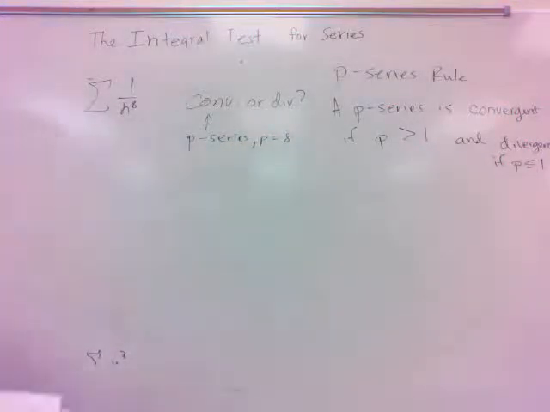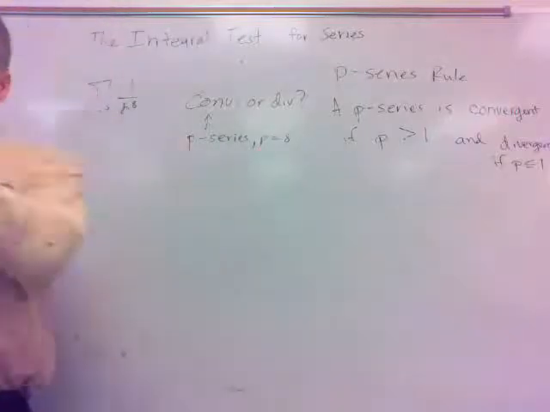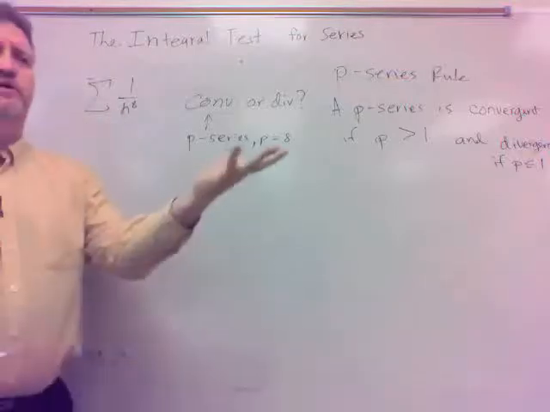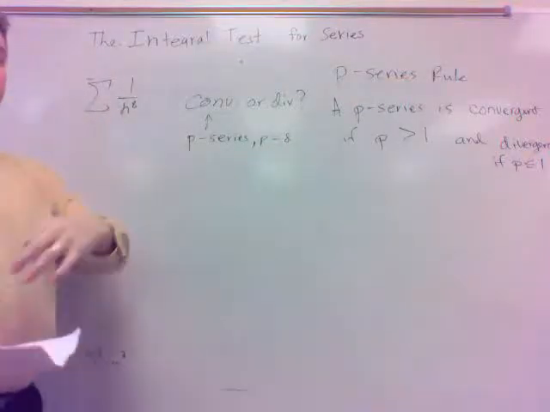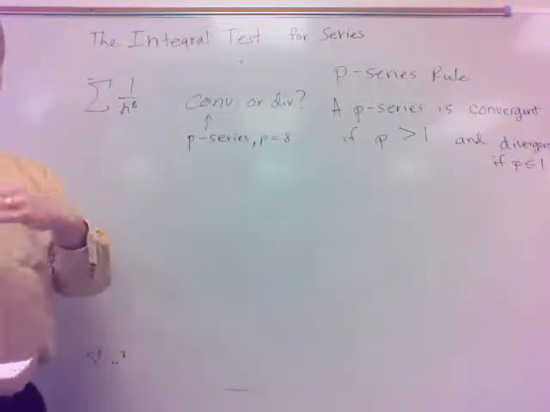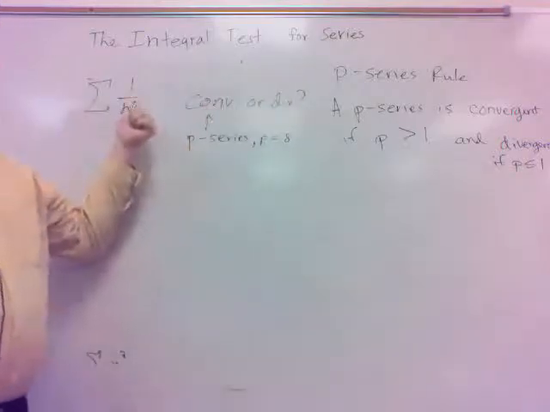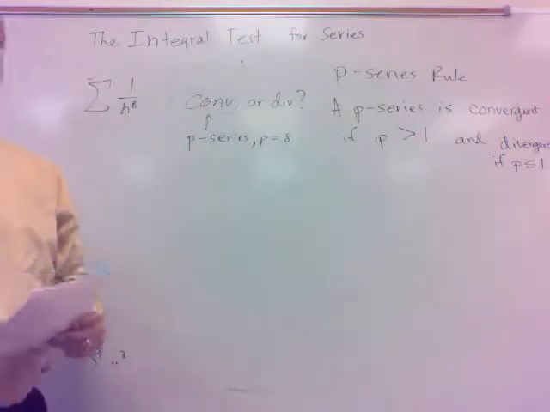It's a little bit different than the geometric, because on geometric we want the ratio between 1 and negative 1. On p-series, though, we want p bigger than 1. P is bigger than 1, so it's convergent.